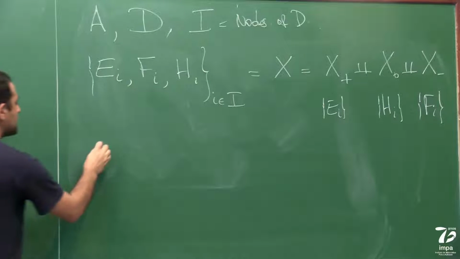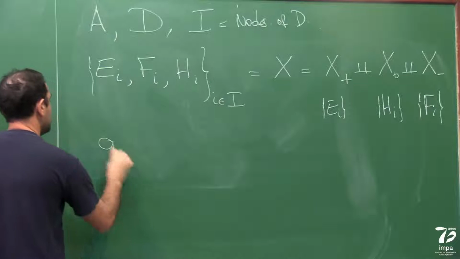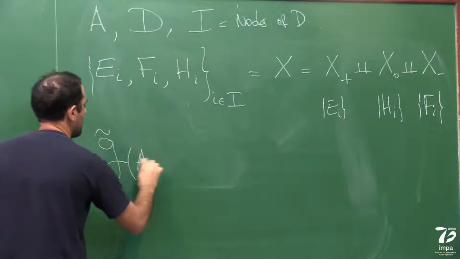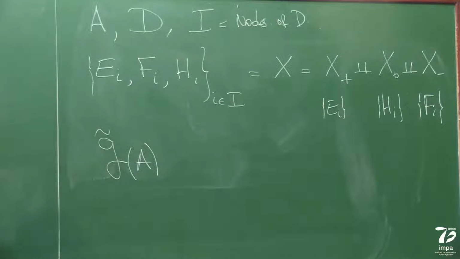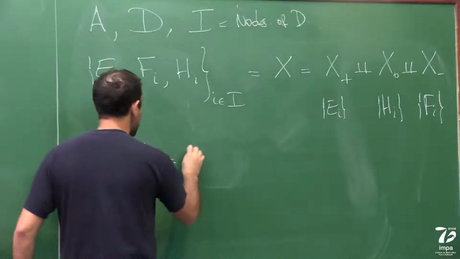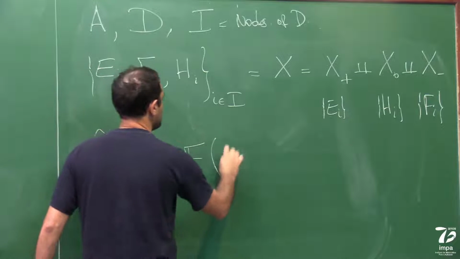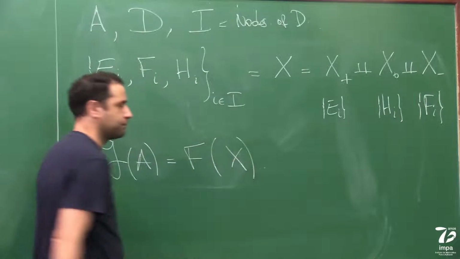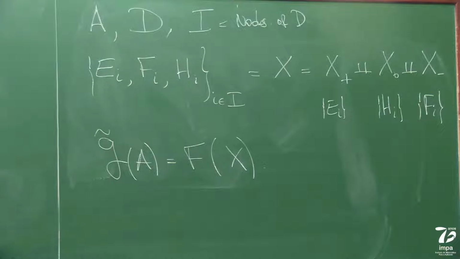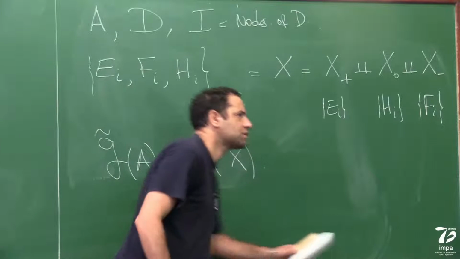So consider the Lie algebra G tilde of A, which is the free Lie algebra generated by that set X. Perhaps that's a bad name.